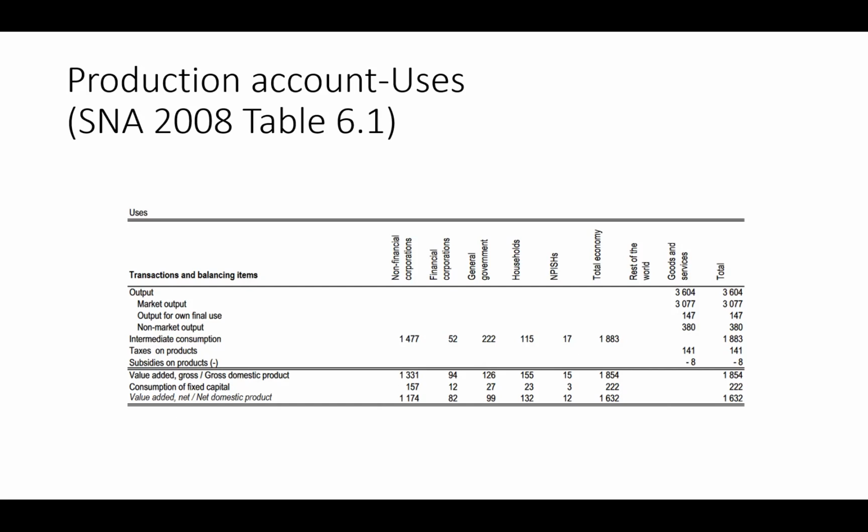So we see here all the institutional sectors: non-financial corporations, financial corporations, general government, households, non-profit institutions serving households, and the total economy, rest of the world, and then goods and services accounts and the total.